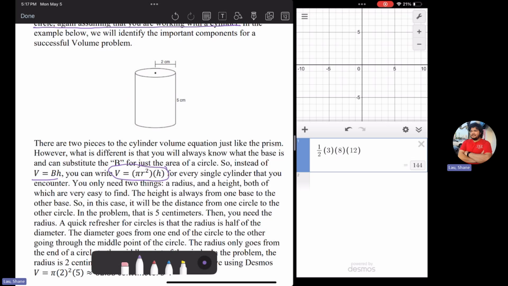With the prism, I could be working with a rectangle, a square, a triangle, or in harder geometry a pentagon, hexagon, heptagon, nonagon, octagon, decagon, anything like that. You could be working with a ton of different kinds of shapes, so you have to have a general equation for it, capital B times h. But with the cylinder, it's pi r squared times h. Super simple, super easy.